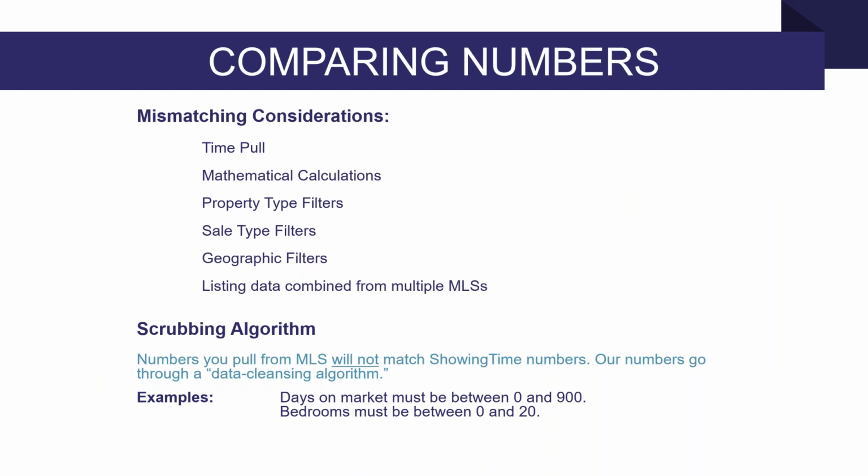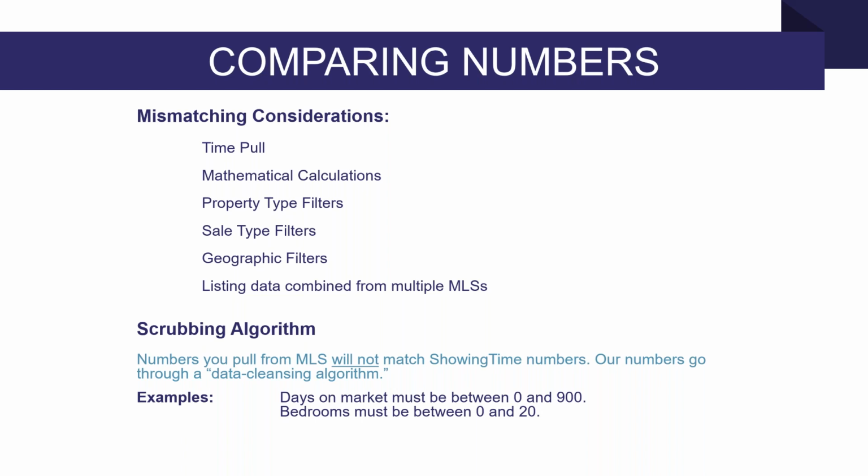And if you happen to be a data nerd like me, you may want to go ahead and run your own reports in your MLS and compare those to the reports you're going to see. And oftentimes those numbers won't match. Very commonly, 99.9% of the time, I would say, it's because of one of these reasons. In most cases, it's because we're not looking at exactly the same data.